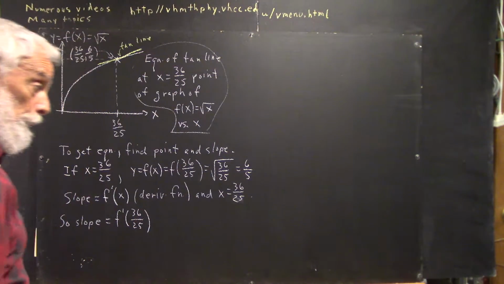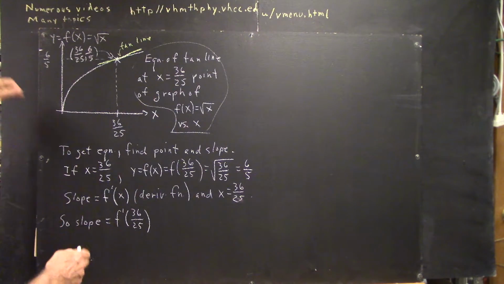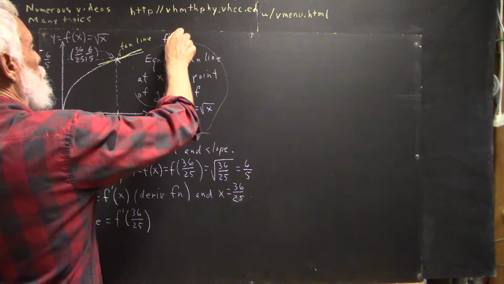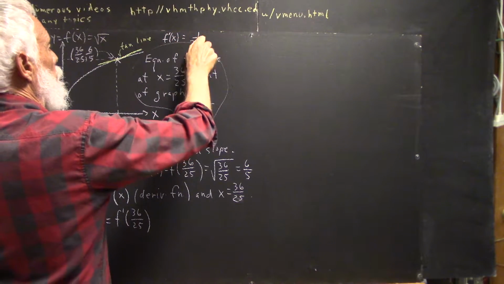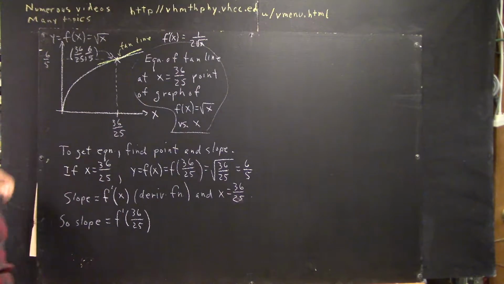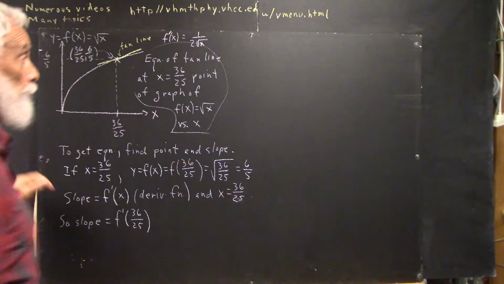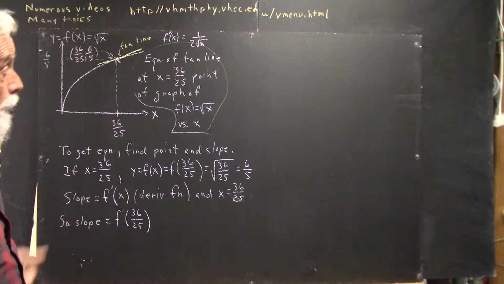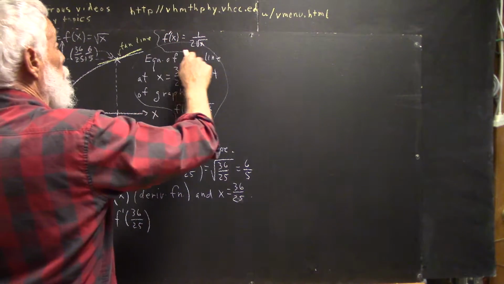Now what's f prime? Well, if f of x equals square root of x, f prime of x equals 1 over 2 times the square root of x. Okay, and we're assuming we're in a position to know that. If you're watching these videos in the sequence that they were made, we've already worked this out using the difference quotient.